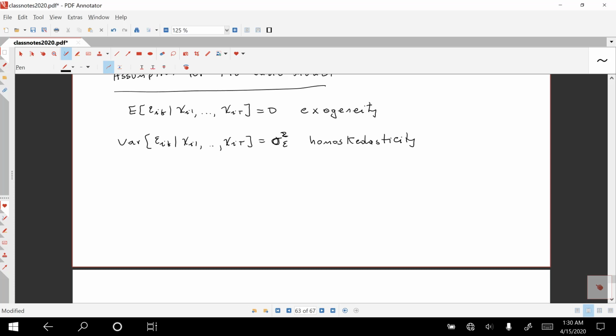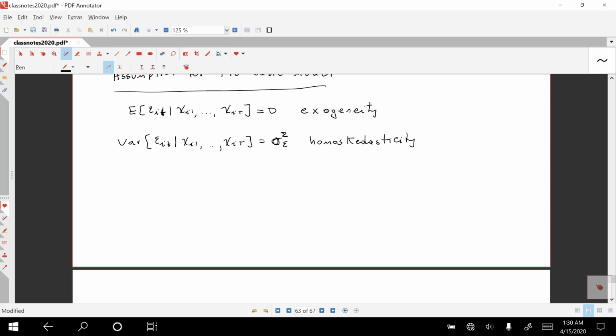So now something that I haven't mentioned here for both exogeneity and homoscedasticity: notice that there is no correlation between the error term for an individual i in time period t and the explanatory variables in all the time periods for that individual i. And for homoscedasticity, it's the same thing.